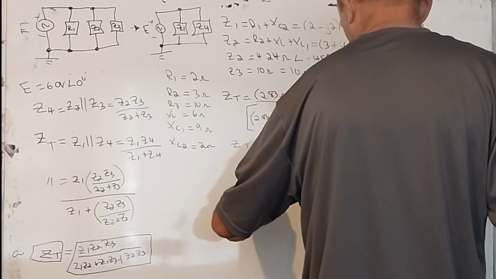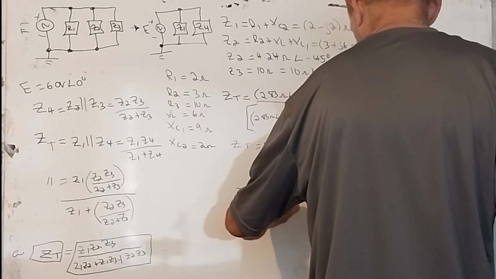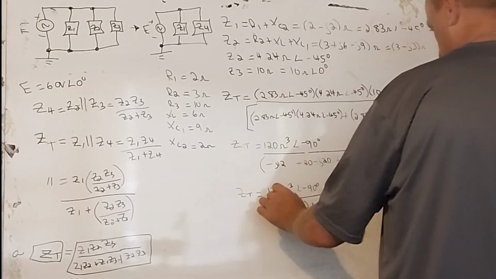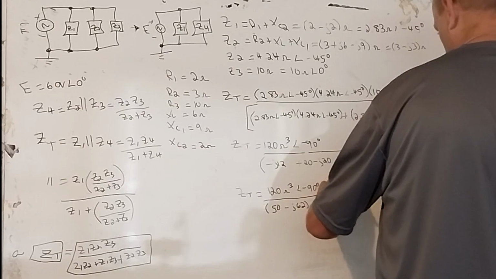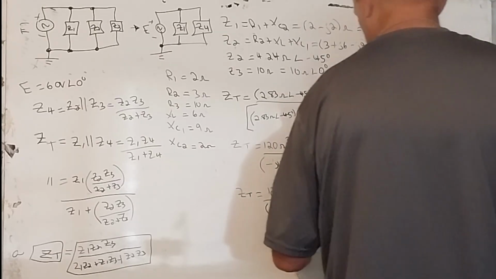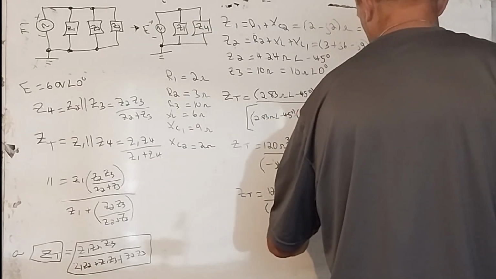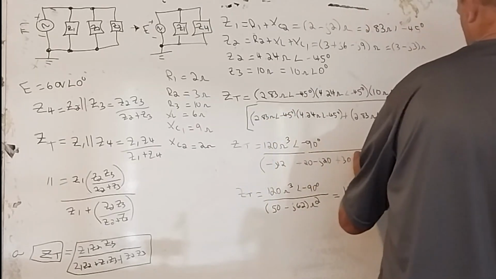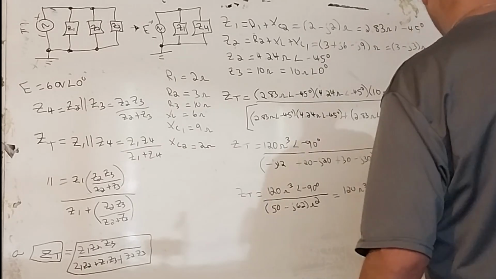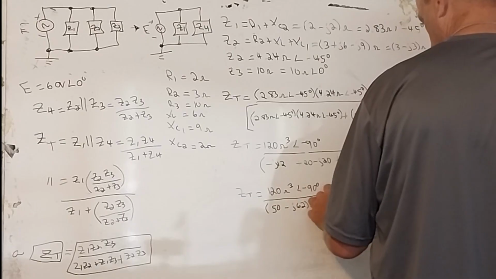We're dividing it by 50 minus j62 ohms, which is actually equal to 120 ohms cubed at an angle of, well, actually we have products of 2 ohms here, so this is actually ohms squared here and here. Correction, that's got to be ohms squared. All right, we're good.